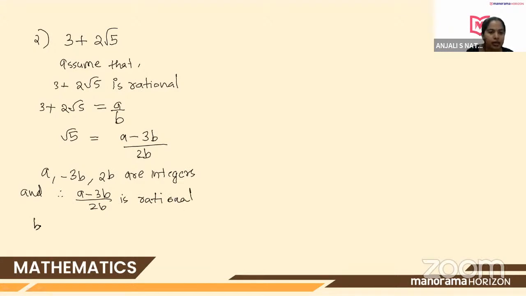But root 5 is irrational. Therefore, LHS is not equal to RHS.